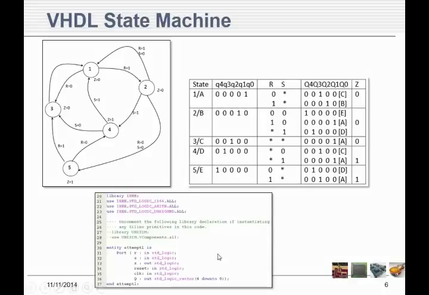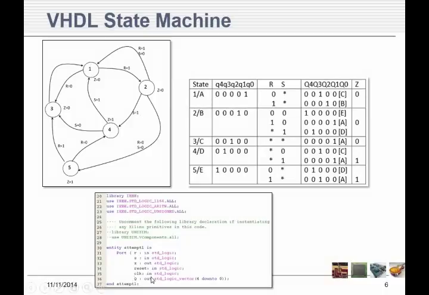Okay, so here's the beginning of my state machine. I'm calling it attempt 1. I've got R and S as inputs. My only output is Z. I've created a new signal that's not showing up on here called reset.